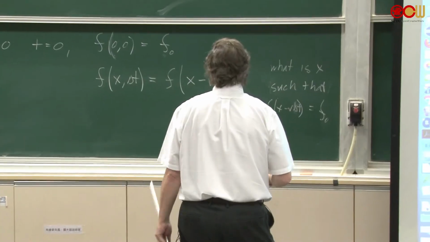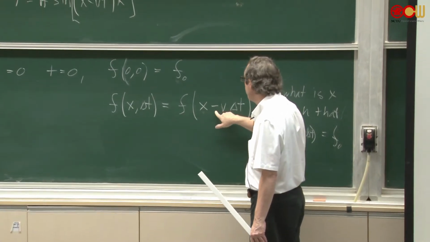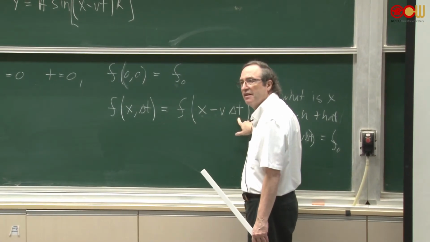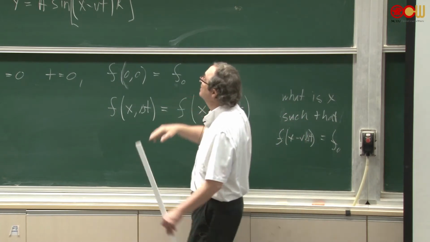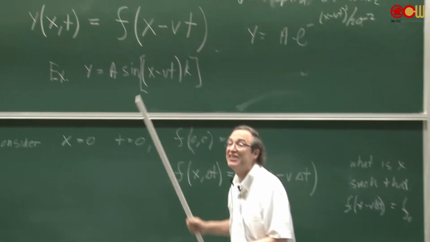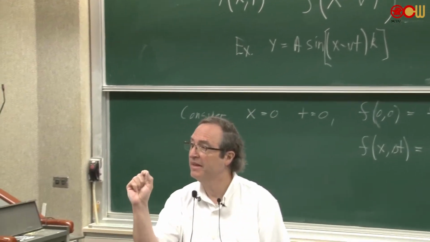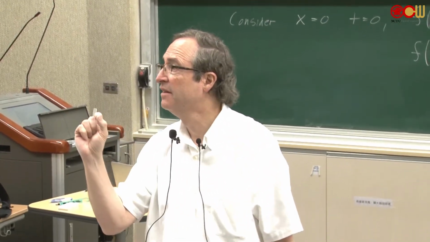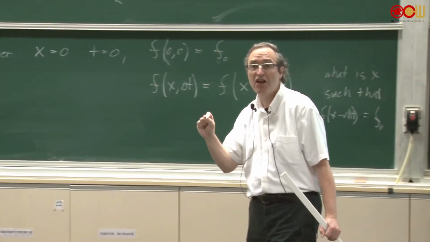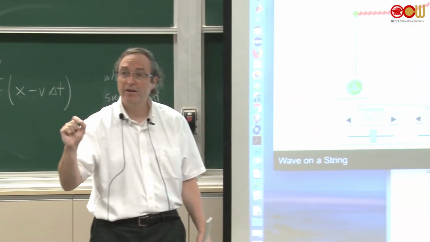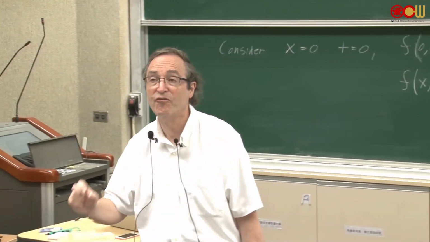What do you think? So if I put x equals 0 here, I have f of minus v delta t. F of minus v delta t is not the same as f of 0. Right? The argument is different. So the function will usually be different. But I want to know what the argument is so that I get exactly f0 for sure.